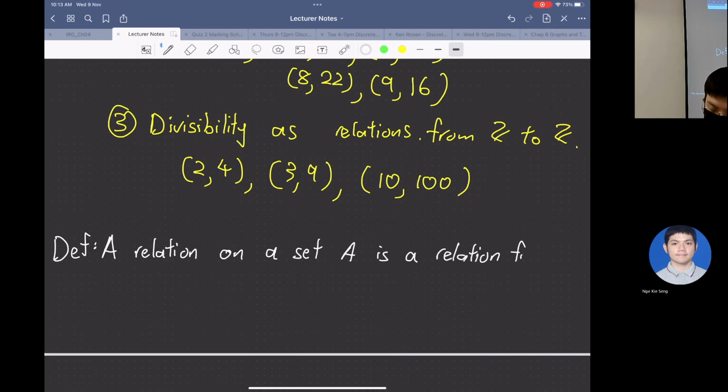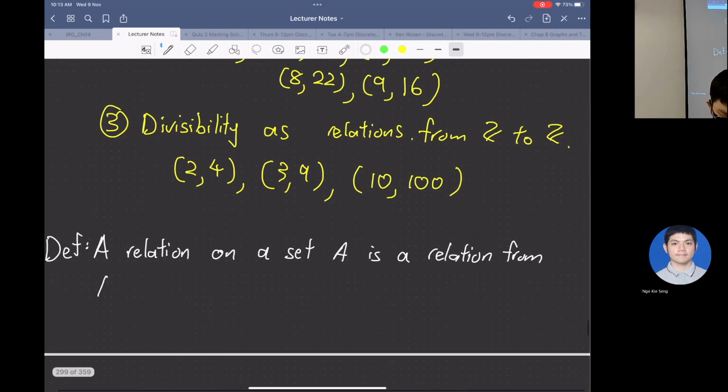Now we will talk about relation on a set A. Previously I said a binary relation is on two sets, but now it's a relation on set A. So it's actually a binary relation from A to A. So the binary relation is a subset of A cross A.